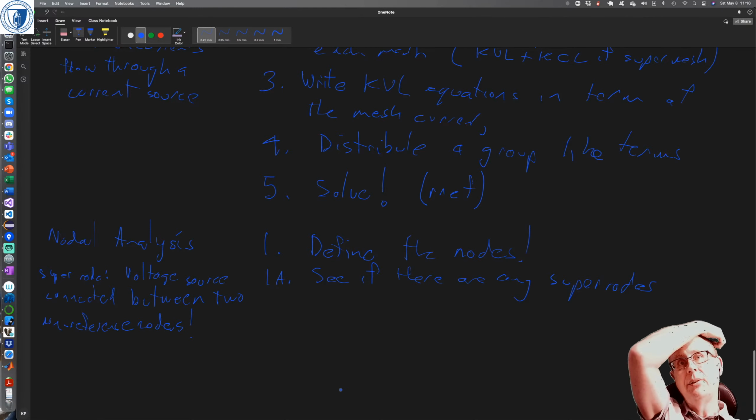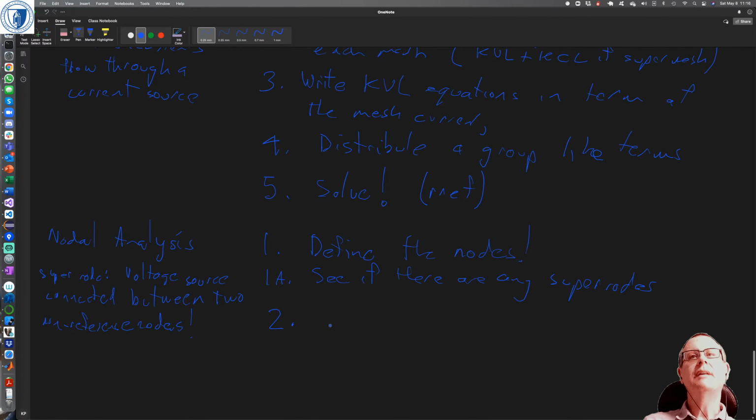Okay, so we've defined the nodes, and then we write down KCL equations. Well, actually, it might be better. Let's do another step before that.